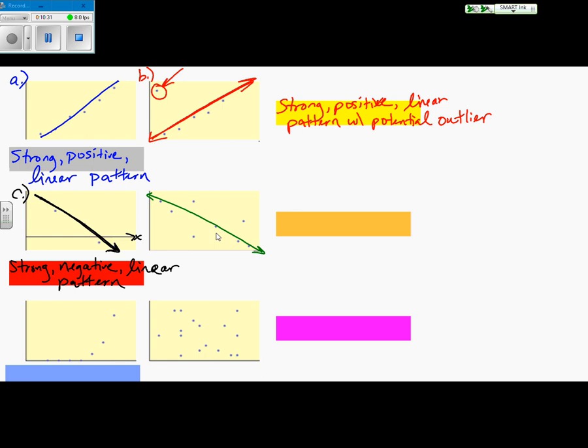But the difference this time is that my relationship's not going to be nearly as strong. So I would call it a weak, and it's going to be negative because my line is going down to the right, a weak negative linear pattern.